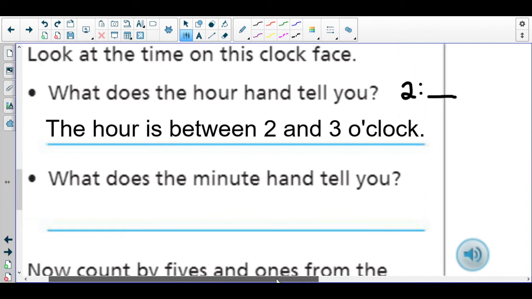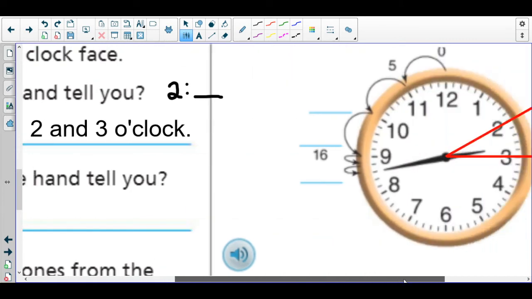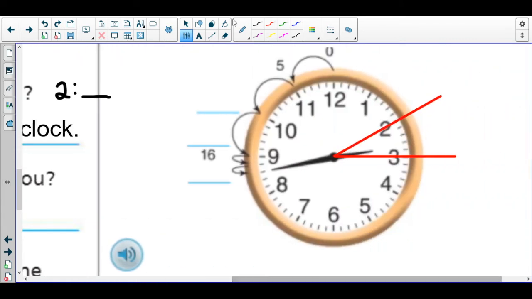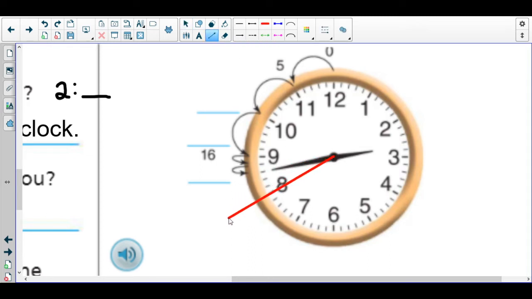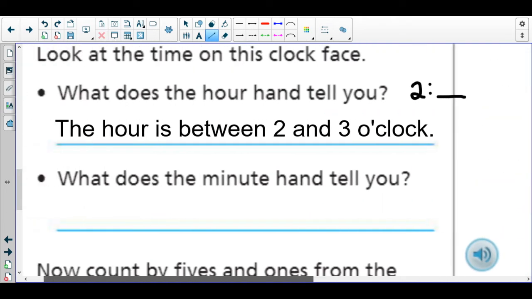What does the minute hand tell us? The minute hand, let's see what we got here. So here's our long minute hand right here. It is between the 8 and the 9. All right, so what does the minute hand tell us?